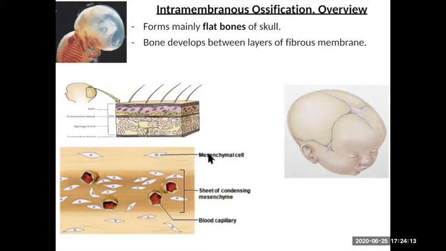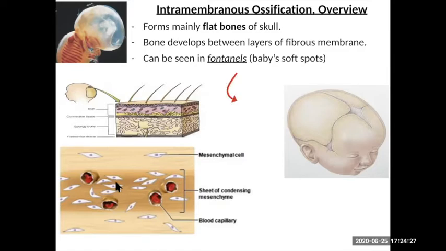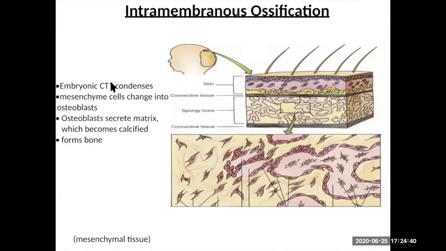And that happens because these mesenchyme cells in the middle start to condense. That is, grow very dense, and they start to become osteoblasts. What do osteoblasts do? They secrete bone matrix. The embryonic connective tissue condenses, those mesenchyme cells change into osteoblasts, and osteoblasts secrete matrix, which then becomes calcified, and then that whole tissue becomes bone.